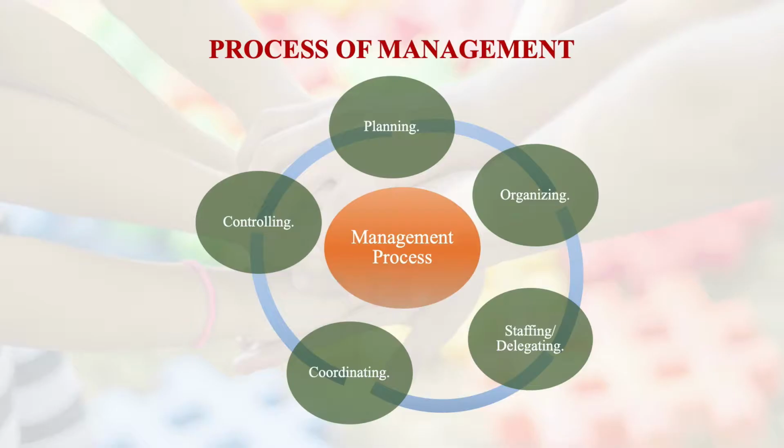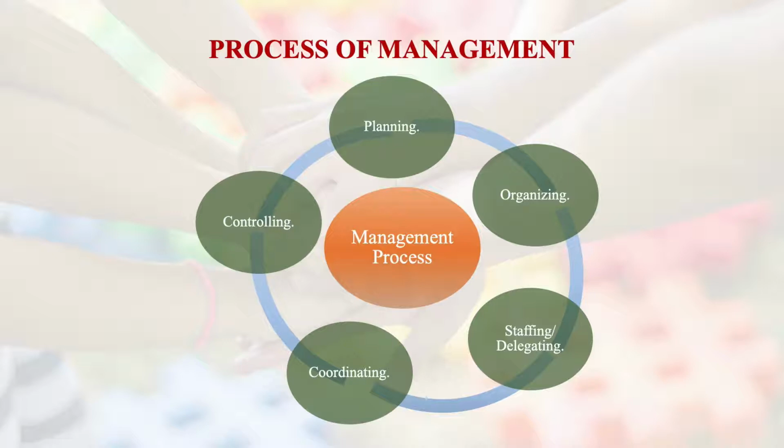In this I have used the 5 major elements which are related in one way or the other. So when we talk about the process of management, the combination includes planning, organizing, directing or delegating, coordinating, and controlling. Now we will discuss each element or each function individually.